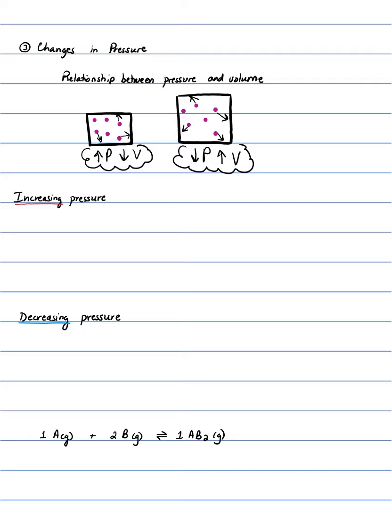So when we have a reaction at equilibrium, changes in pressure are going to affect the equilibrium in a similar way to when you have a reaction at equilibrium and you change concentrations or you change the temperature.